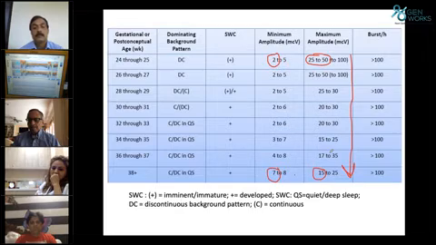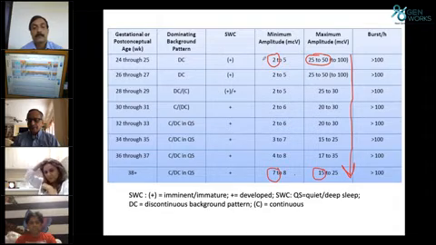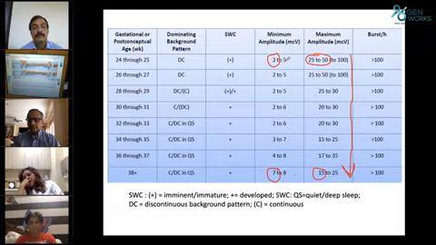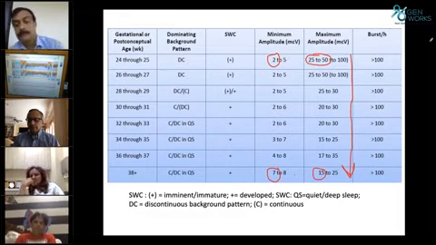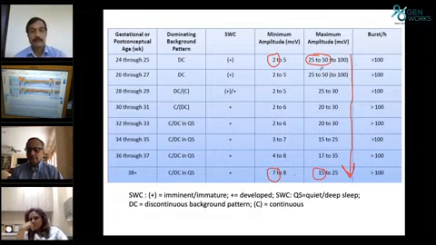The upper one rises. The lower one also rises, for example in seizures. Suppose there is some minimal pathology, where only the upper one rises and the lower one is like discontinuous or continuous low voltage. This one you remember, but very important, see the bursts. Everything is more than 100.